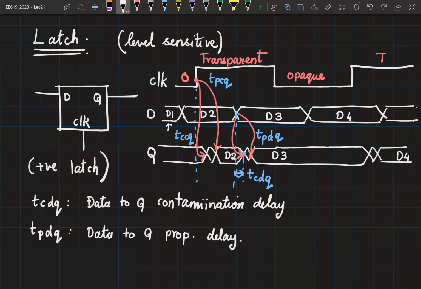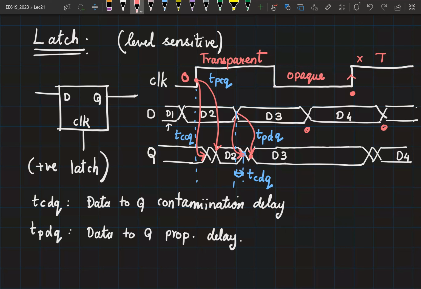Help me understand why we should be worried about the rising edge. Whether I set up the data here or I set up the data here, it is going to come through to the output. If the data changes here very close to the clock edge, that is going to come through to the output, because when clock is 1, the latch is transparent.